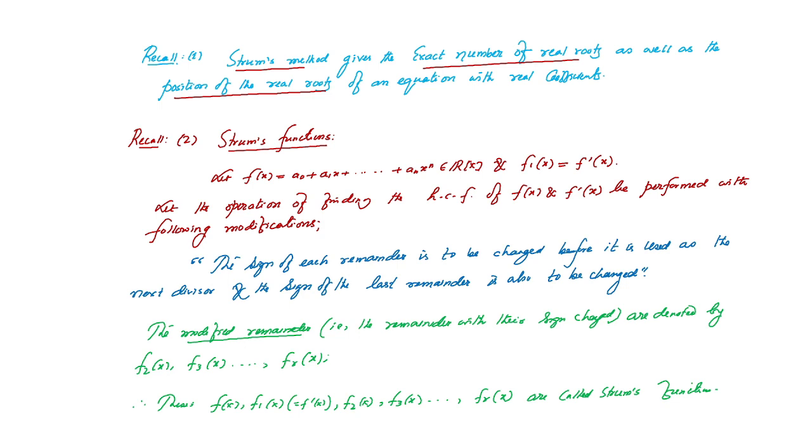So now when we solve the problem, we completely know what exactly Sturm function means. But before that, we will move to an important theorem, and that theorem relates to the position of the real roots of an equation. So the theorem is called recall 3. This is called Sturm's theorem.